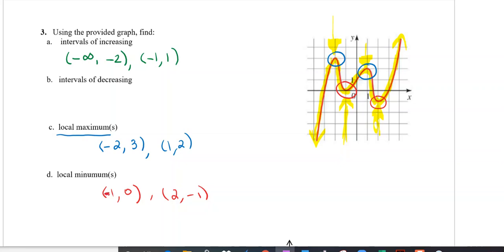Did I say down here that this was 1? It should have been -1. I don't know if I said 1 or -1, but that should have been a -1. So we're increasing from -1 to 1, and then it's decreasing, and it's increasing again from 2 to infinity.